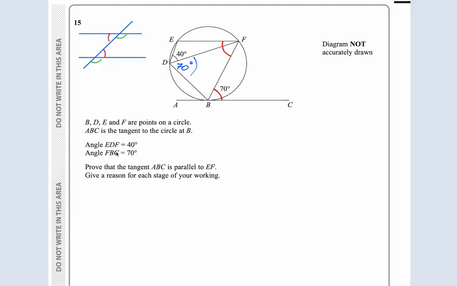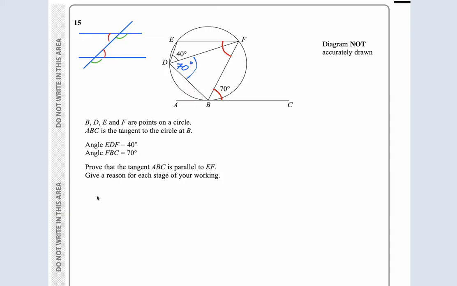Now, because it's a proof, we have to say what we're doing. So give a reason for each stage of your working. So firstly, guys, if you don't know what the alternate segment theorem is, check it out. But it's this. It says that this angle here has to equal this angle here.